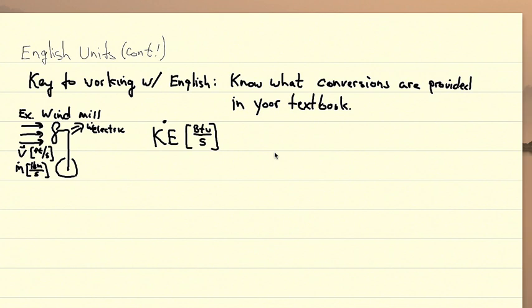And of course, the kinetic energy rate is just 1/2 times the mass flow rate, which has units of pound mass per second, times the velocity squared, which is going to give us units of feet squared per second squared.